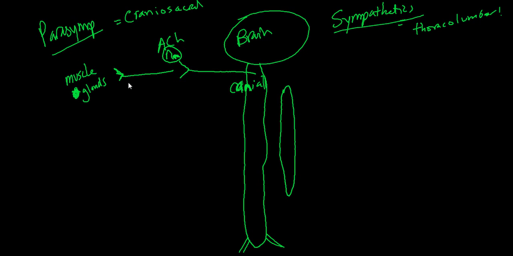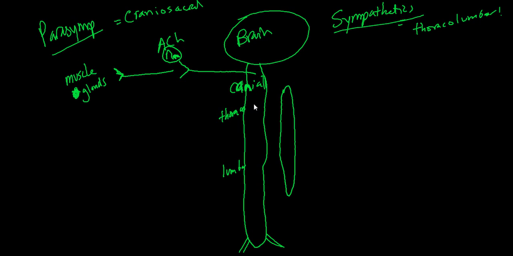Parasympathetics don't come out in the thoracolumbar region. The parasympathetics will come out in the craniosacral region only. So anything in here that's autonomic, meaning parasympathetic or sympathetic, is going to be sympathetic because we've got our thoracolumbar region. So that's where we're at right now. We're in the thoraco, and then here would be the lumbar region.